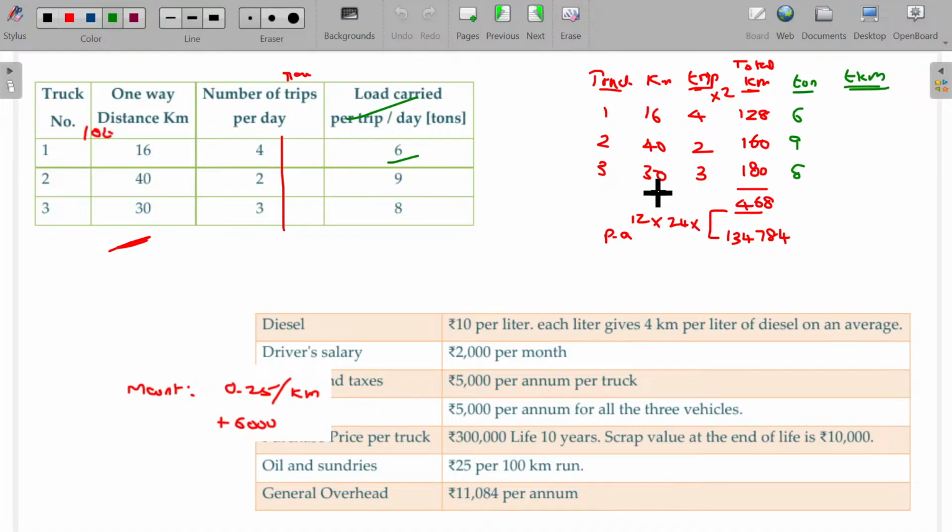On returning, it's 0 only, right? 16 into 4 into 0, so this becomes 0. You need not consider the return trip. For the diesel and other things, we have to consider the return trip also, but while tariffing, this will not be considered.